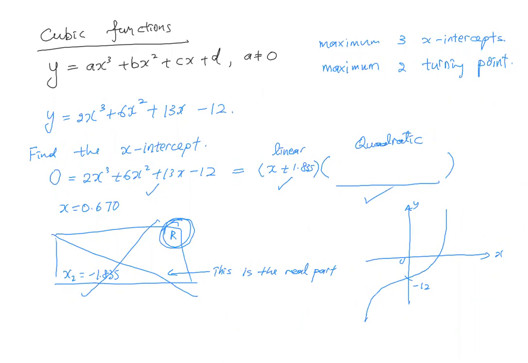Okay? So listen here, linear is power 1. A quadratic expression can be written as a product of 2 linear expressions. A cubic expression can be written as a product of 1 linear and 1 quadratic, or 3 linear expressions. Okay, quadratic means power 2. So that is how we go.